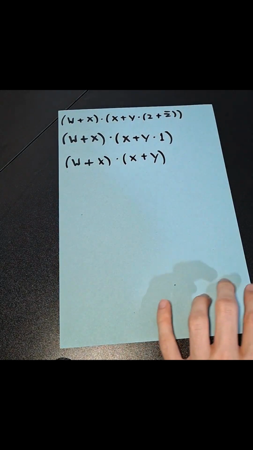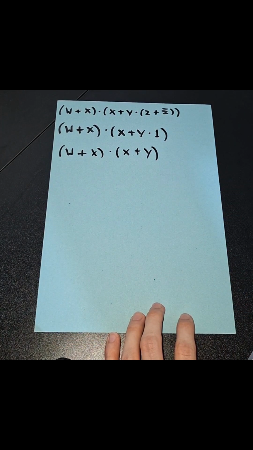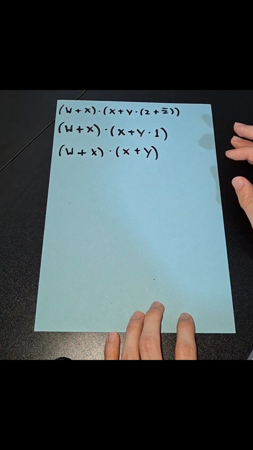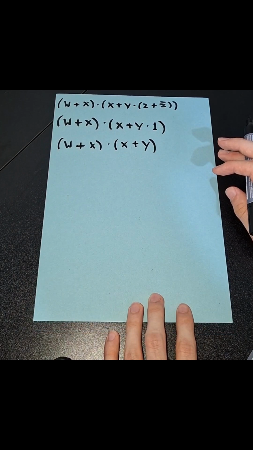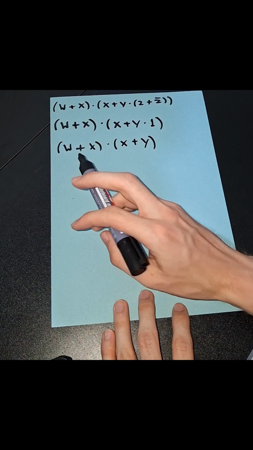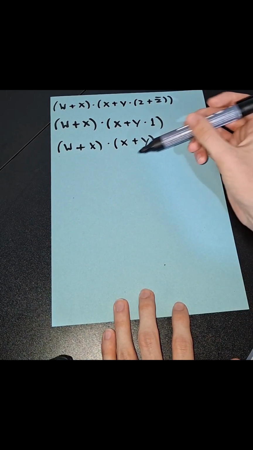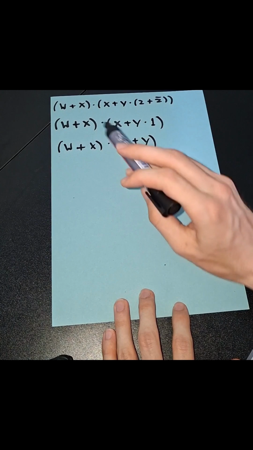Now, we are in a position to expand the brackets here. So, this is just like expanding any bracket in like GCSE math. You're just going to multiply each term together, and each term together.